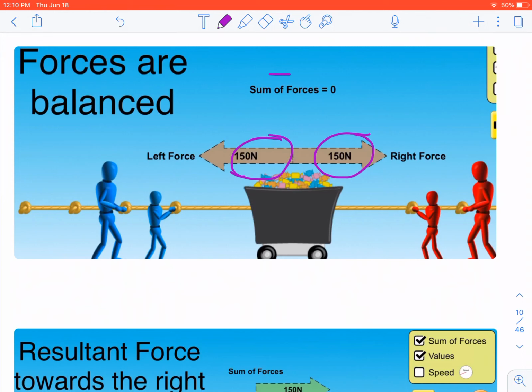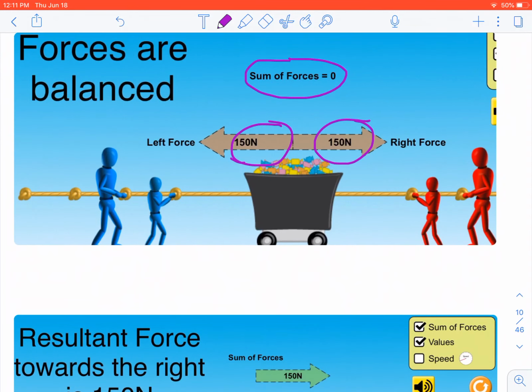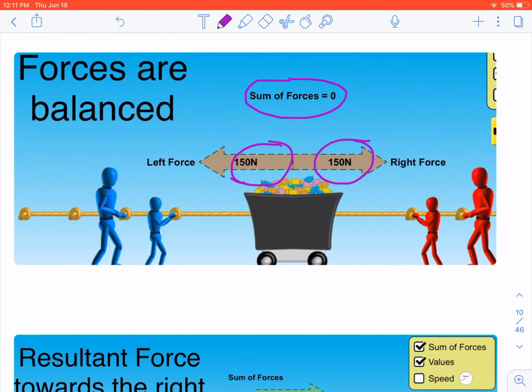The sum of these forces is equal to 0, right? In this case, they are balanced. Now, if we look at this, and let's say we want to know what the resultant is, we say, right, we have this.